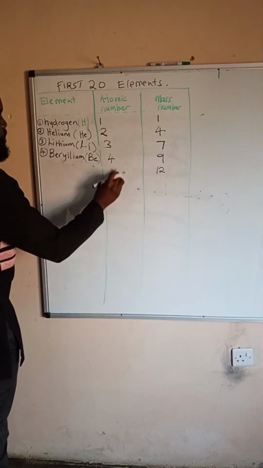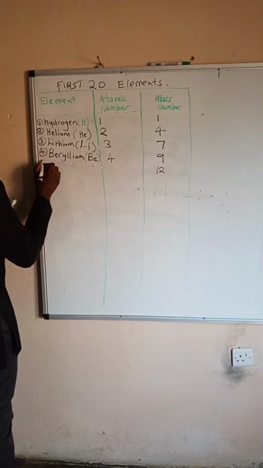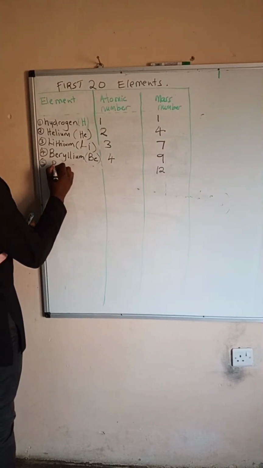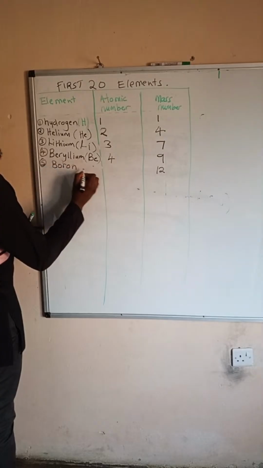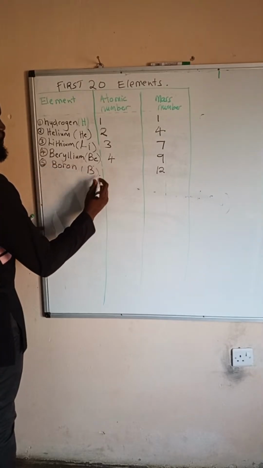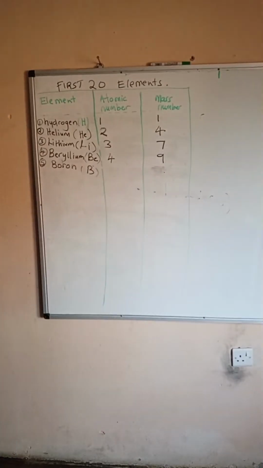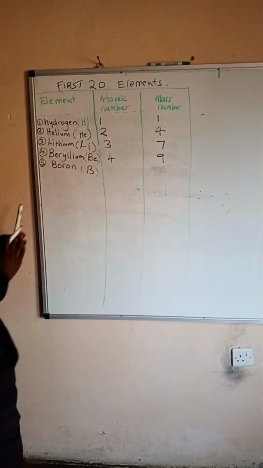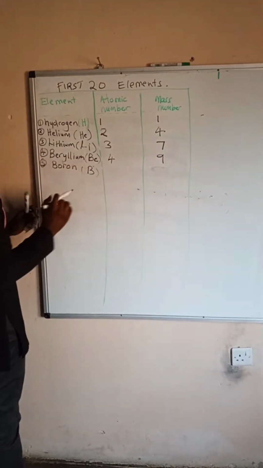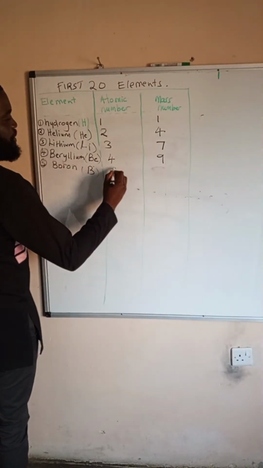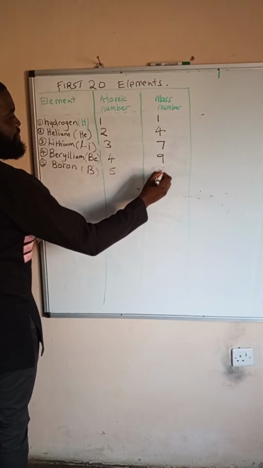This 5 is boron, sorry. Number 5 is boron. Capital B, that's all. So here we made a mistake. So boron is 5, and then mass number 11.